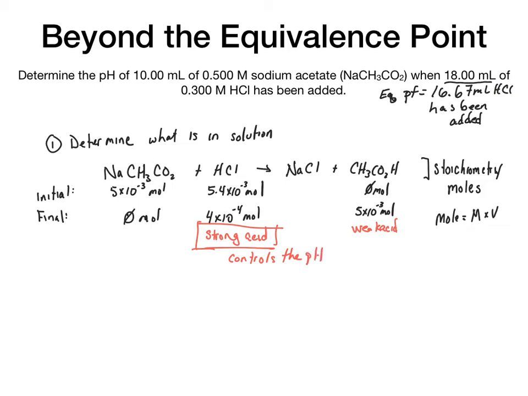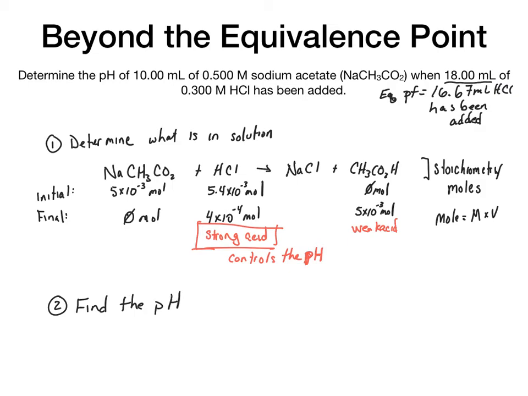The weak acid will contribute a small amount to the pH, but it is not enough for us to worry about. And so in our next step, in step 2, we need to find the pH.